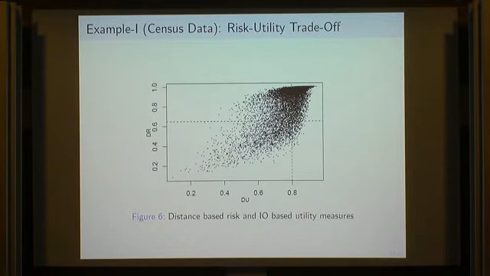We can interpret something like this. Of course, the original interval overlap measure ranges between 0 to 0.95. But if you divide by 0.95, just scale this, then it goes from 0 to 1. So at least, let's say, at least 80% utility.